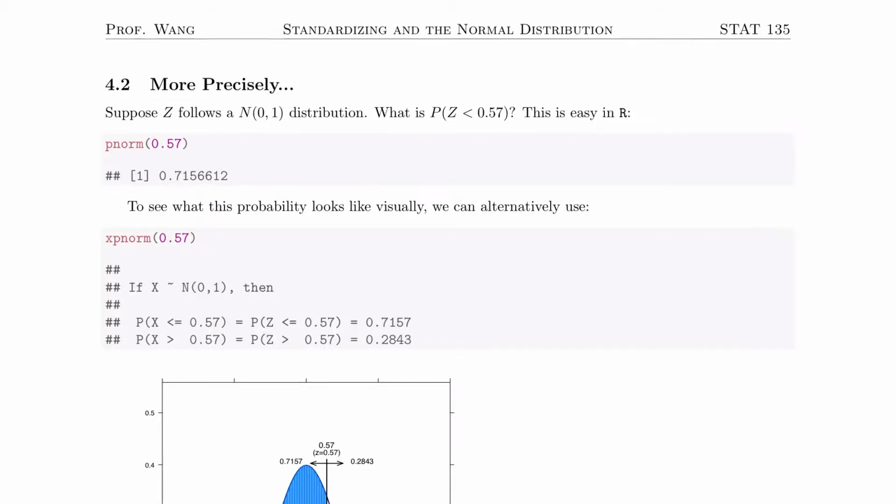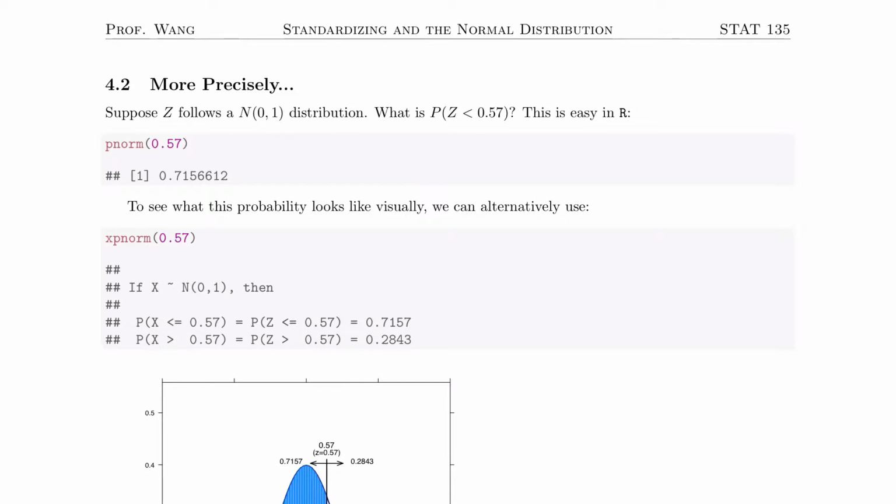Okay, so we talked about what to do if we're looking at plus or minus 1 standard deviations, plus or minus 2 standard deviations, and plus or minus 3 standard deviations. However, it's natural to be asking about other values as well, right? So not only are we interested in plus or minus 1, plus or minus 2, and plus or minus 3 as our z-score, getting normal probabilities corresponding to that, we might be looking at something like 0.57.